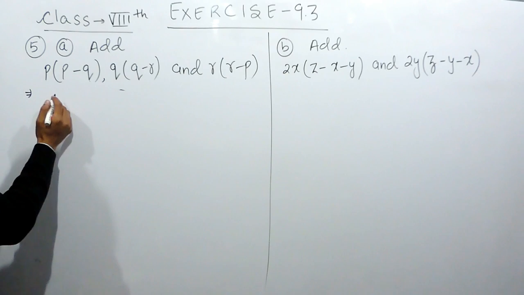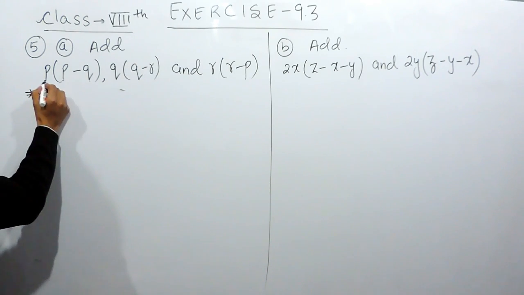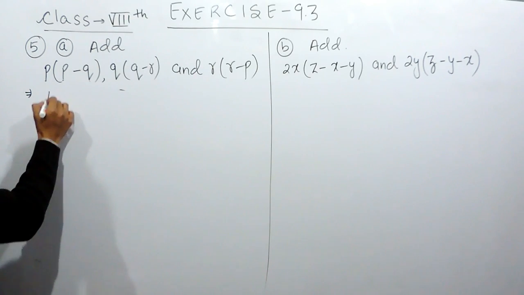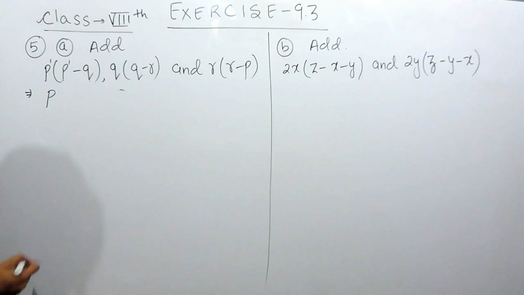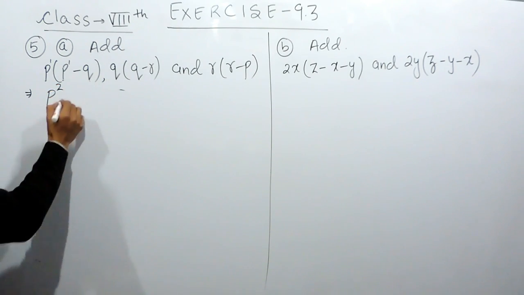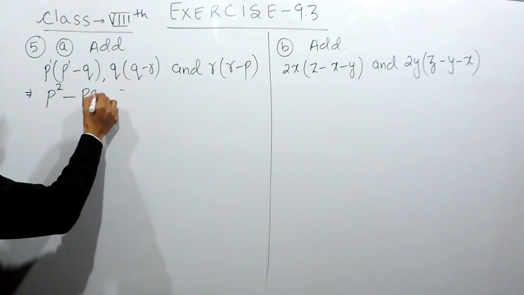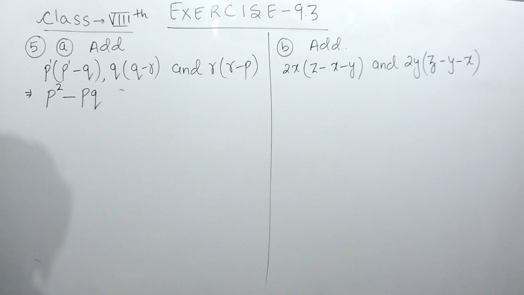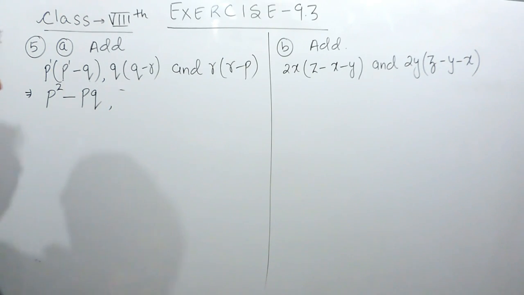So p multiplied by p, we know that when multiplying like terms, or you can say when the bases are the same, the powers are added. So when there is no power, we consider this as 1. So this will become p square. And p multiplied by q, these are unlike terms, means these are different variables, so this will be p into q.